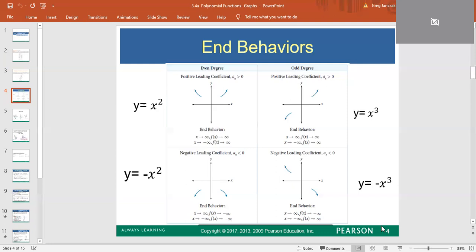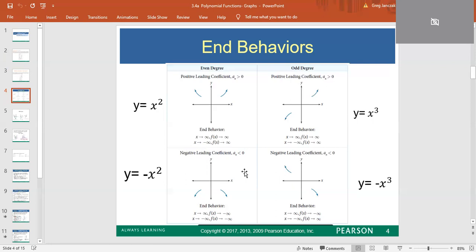Down here, you have a negative x squared. It reflects about the x-axis, or flips, right? Now the end behavior is down to the left and down to the right. Those are even degree polynomial functions. Odd degree is where the leading term is like x cubed, x to the fifth, x to the seventh, and so on.